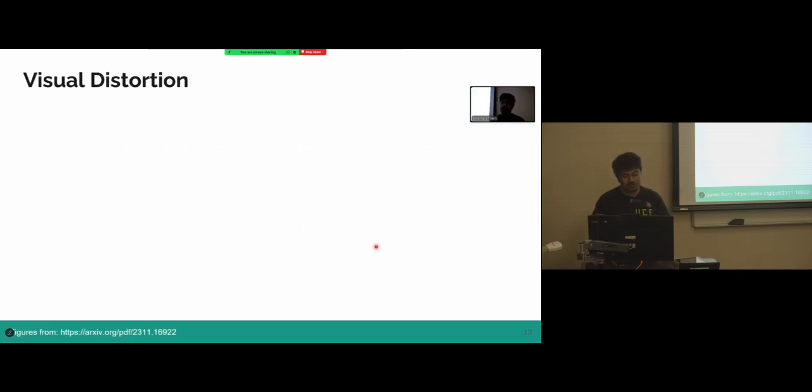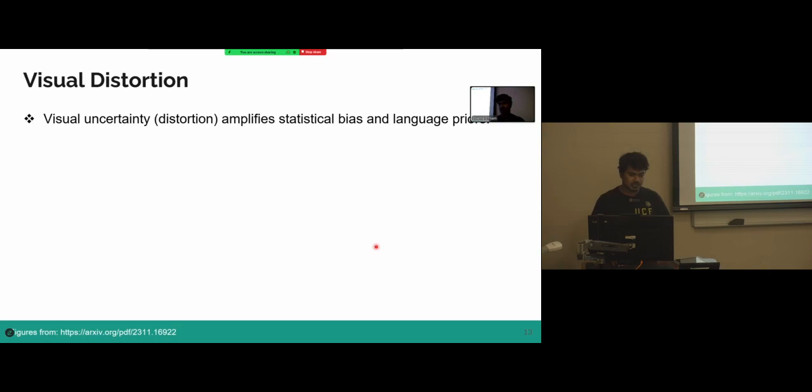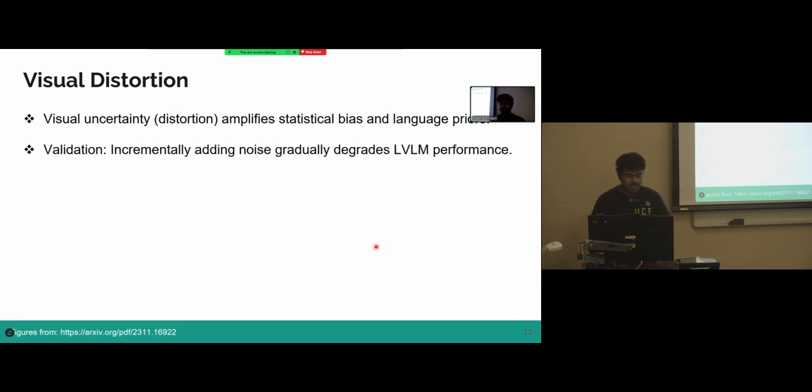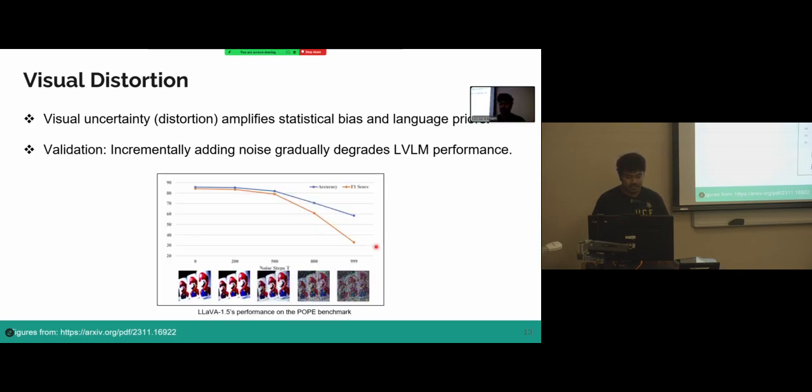Then visual distortion is another reason for object hallucination, and visual uncertainty or distortion can in fact increase both the statistical bias and language prior, which leads to an increase in object hallucination. This can be validated by incrementally adding noise and gradually seeing the large visual language models' performance degrade.